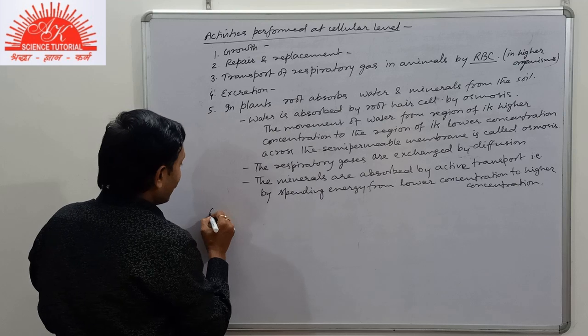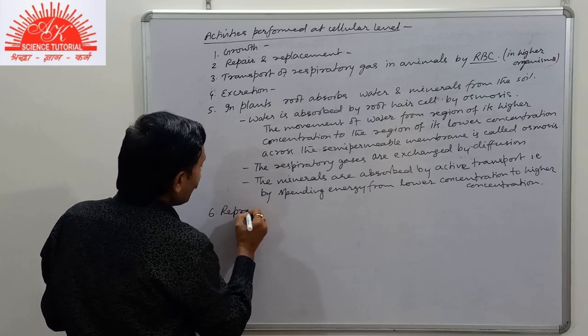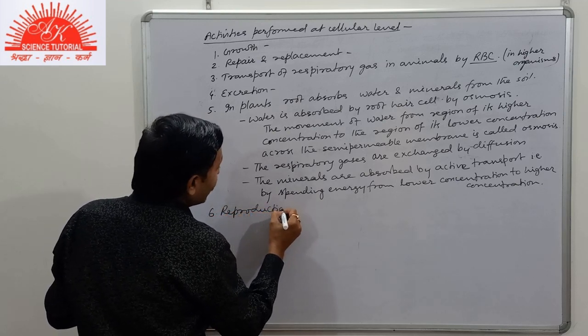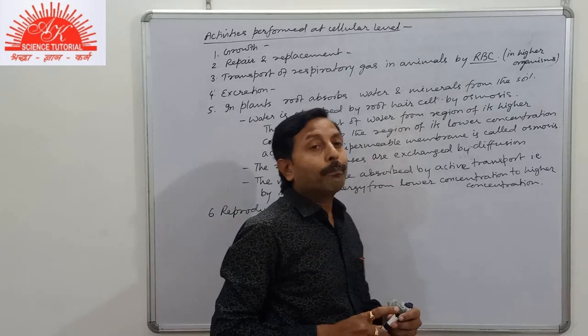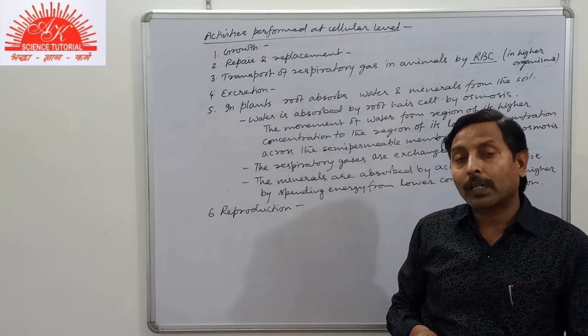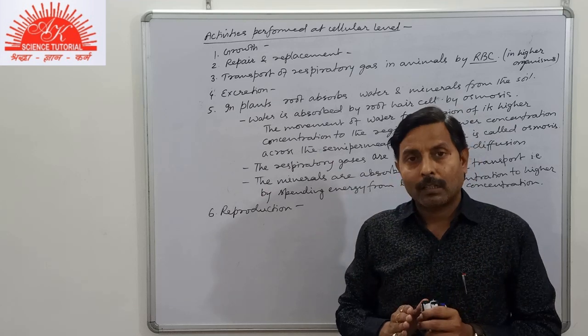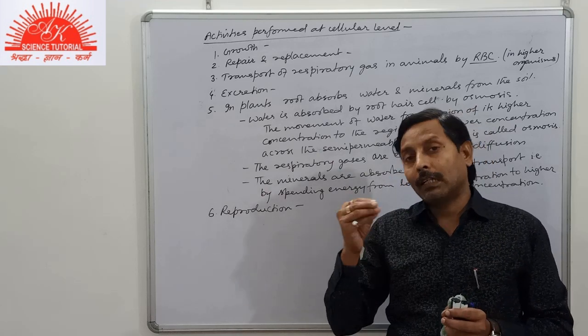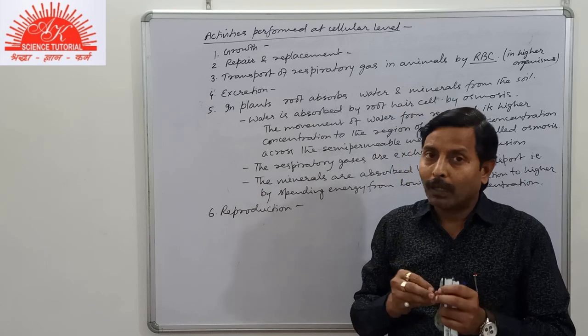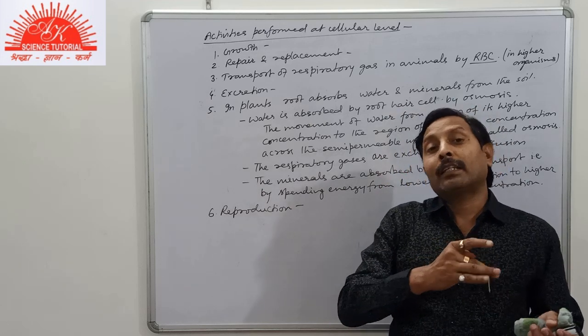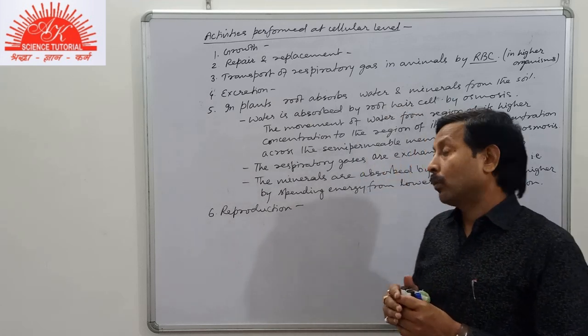Finally, suppose we take reproduction. In sexual reproduction, reproduction takes place by fusion of male and female gametes. Like in plant, it is egg cell, that is ovum, ovule, and then the pollen grain, male nucleus.